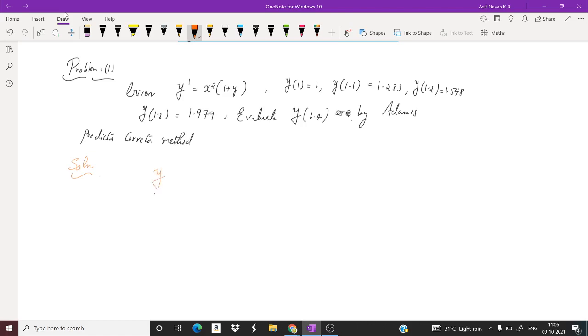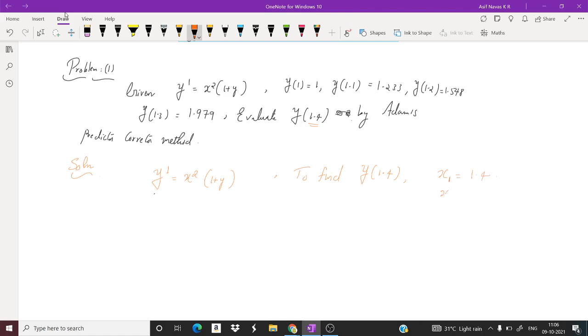Given y dash is equal to x square into 1 plus y, we have to find y of 1.4, that is the value of y of x1, so x1 is 1.4.